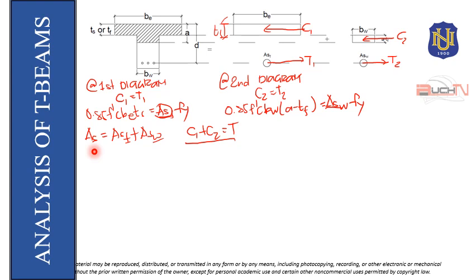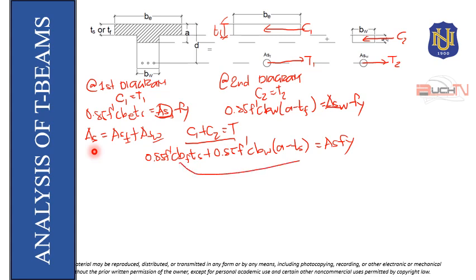So that will be equivalent to 0.85 f'c b_f t_s plus 0.85 f'c b_w (a minus t_s) is equal to A_s f_y. This term, let's move to the other side. We leave this term so that we can get a.